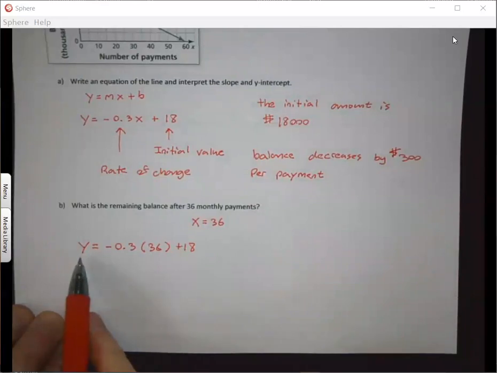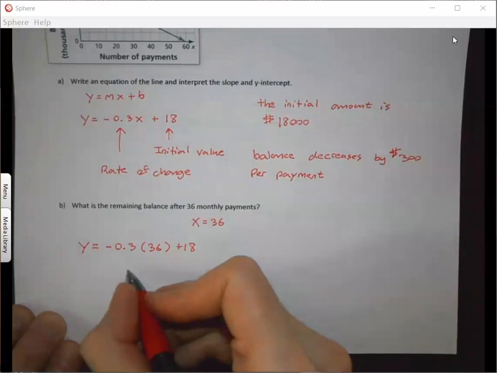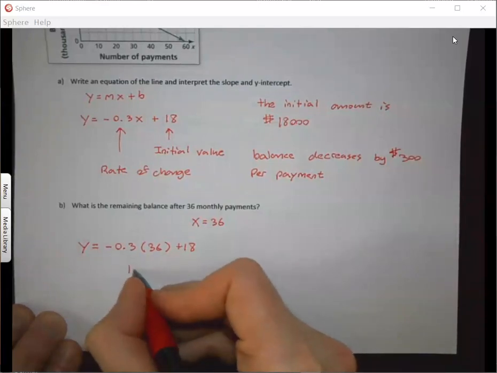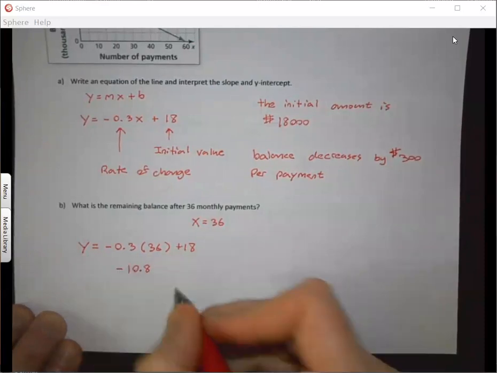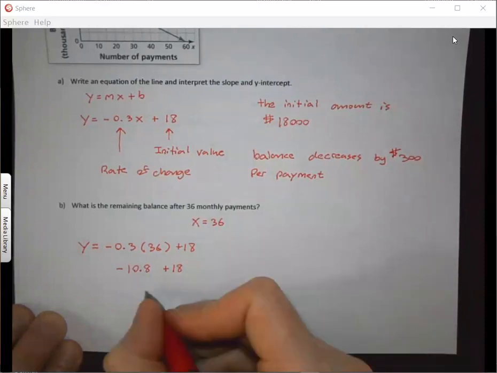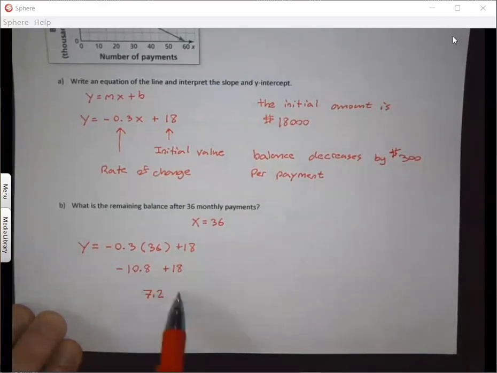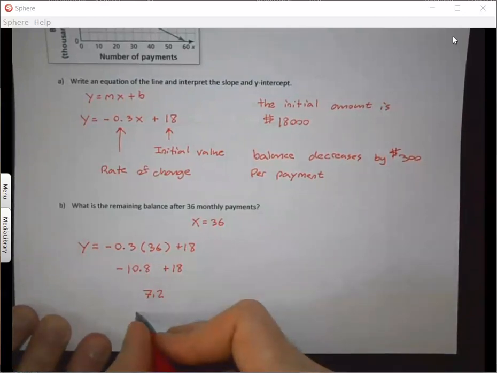Y is our balance. X is our number of payments. 0.3 times 36, 10.8. Negative 10.8 plus 18, 7.2. But again, our balance is in thousands of dollars. This is $7,200.